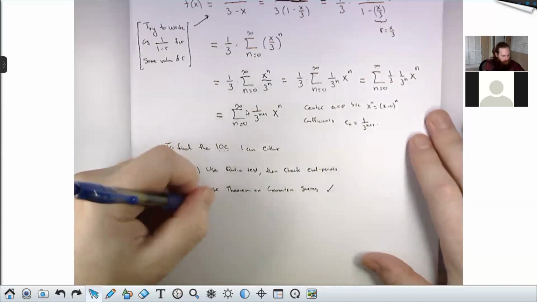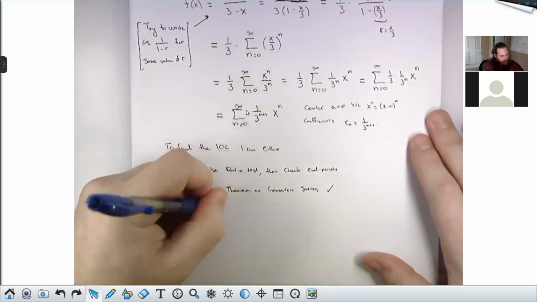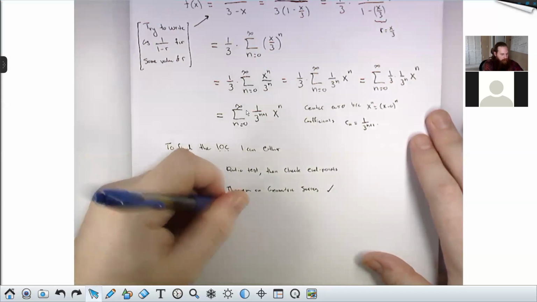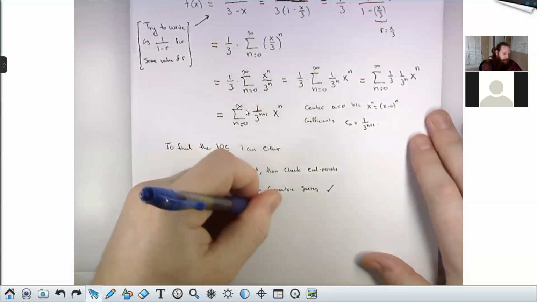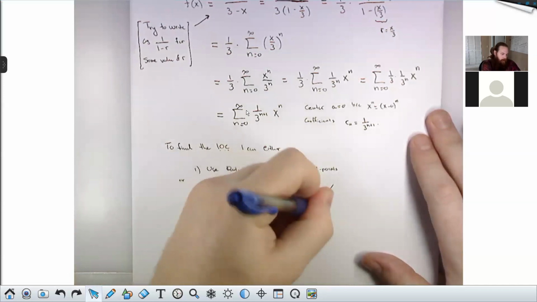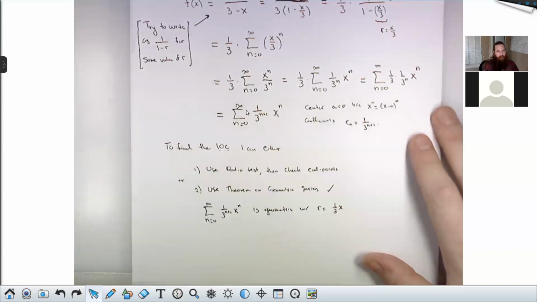The series sigma n from 0 to infinity 1 over 3 to the n plus 1 times x to the n is geometric with r equal to 1/3 x.